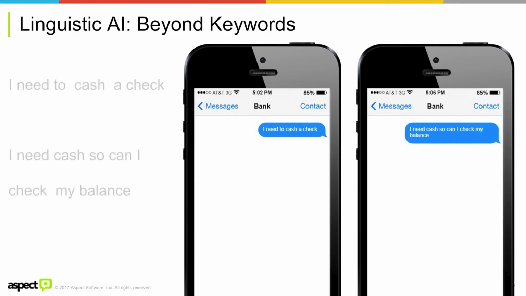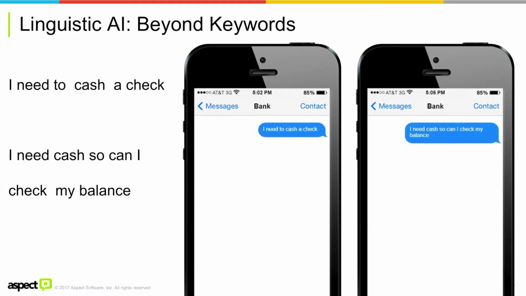In American English, check, meaning the piece of paper that you write to promise a payment, is spelled the same as a verb or a noun. But here are the two example sentences: I need to cash a check, and I need cash, so can I check my balance? In both of these examples, we have two key words, cash and check, showing up. And in American English, the check is spelled the same way.